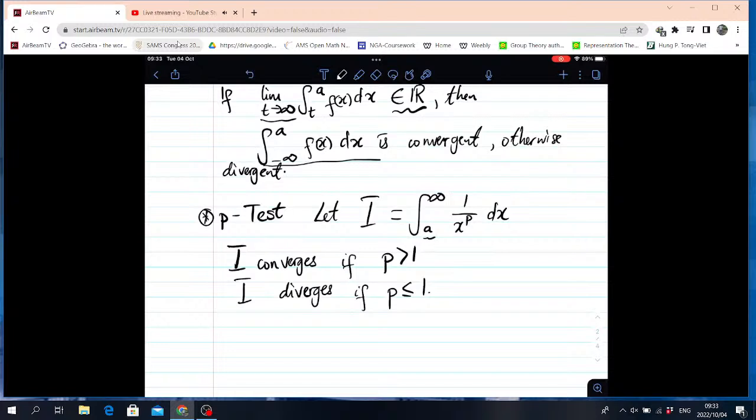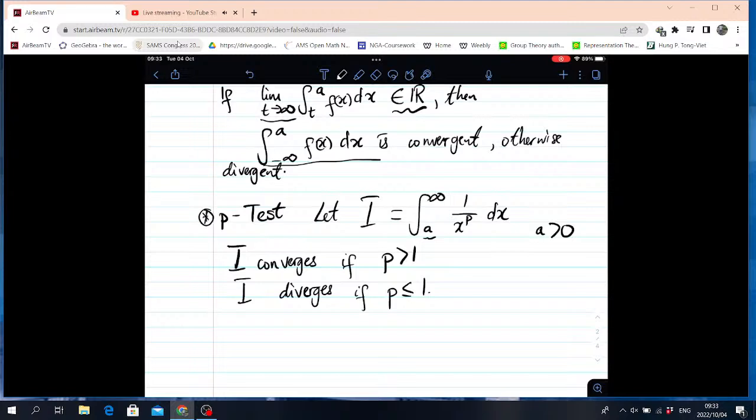Here we used 1, but it actually works in general for any number that is greater than 0. So that is the p-test there.